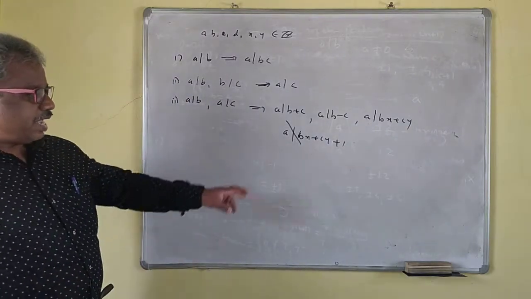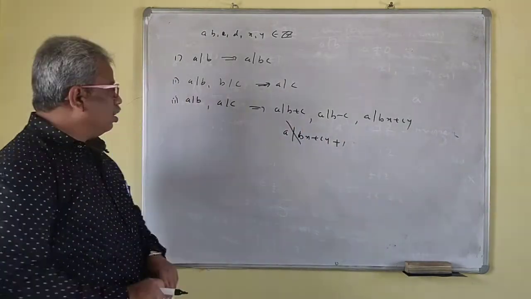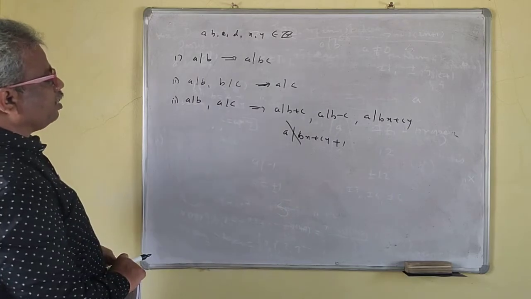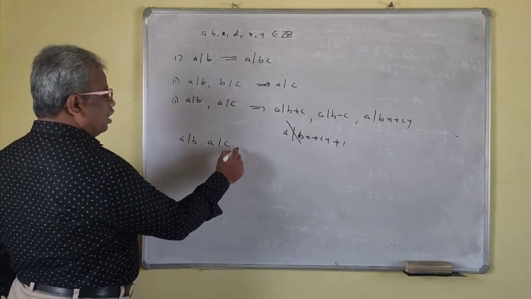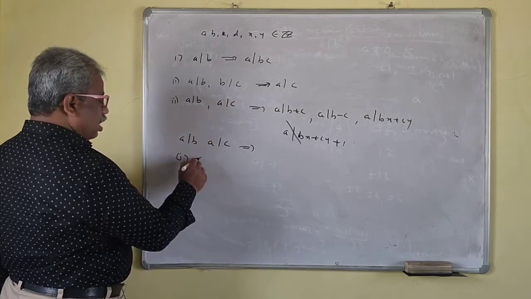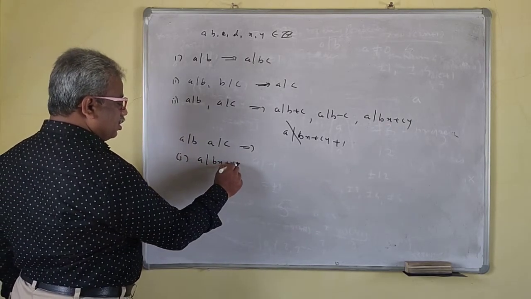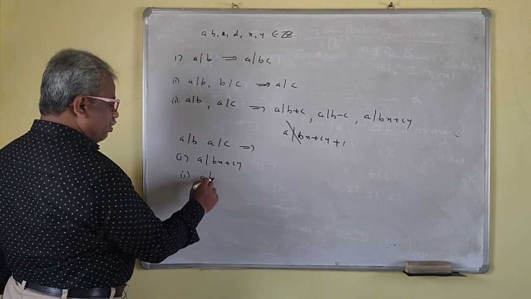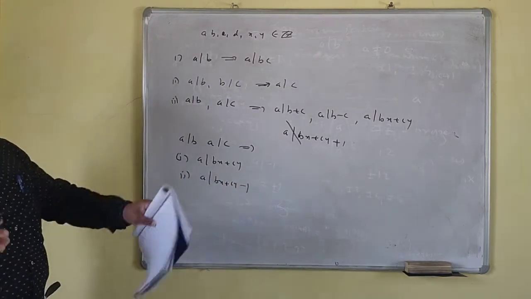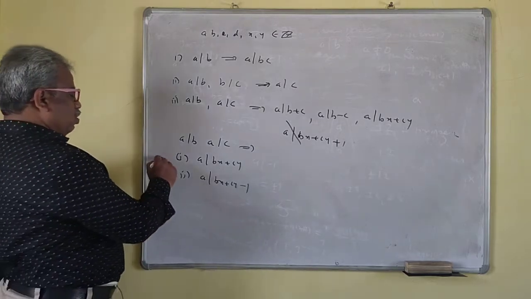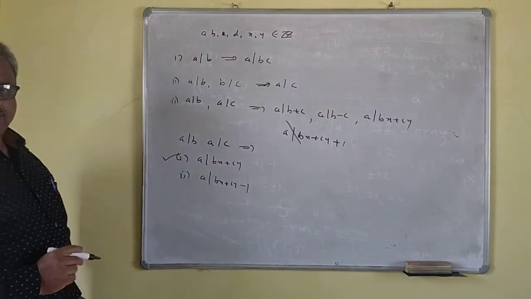So A divides Bx plus Cy. Suppose it is given that A divides B and A divides C. Then the first statement is A divides Bx plus Cy, and the second is A divides Bx plus Cy minus 1, or plus 1, or plus 2, plus 3, whatever. The first is true, the second is not true.